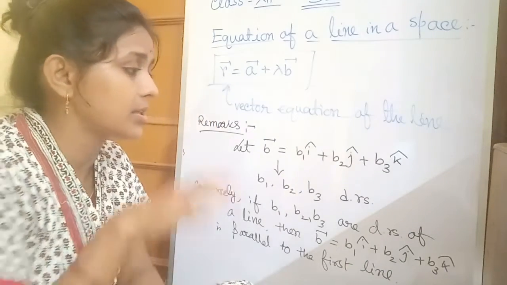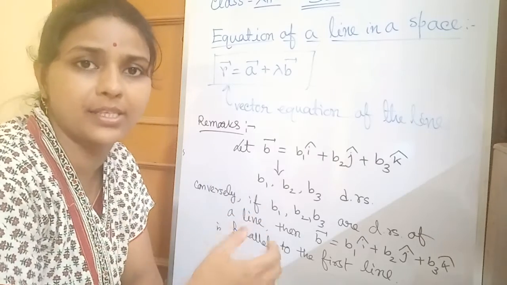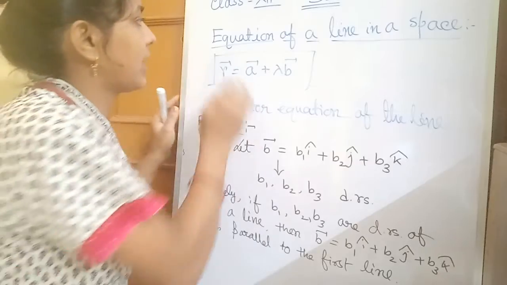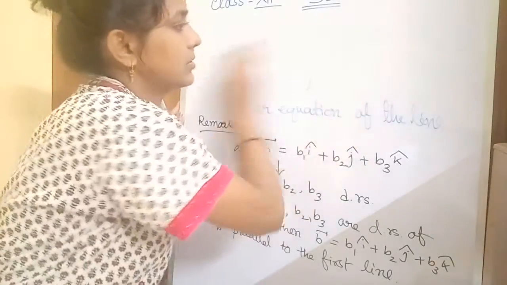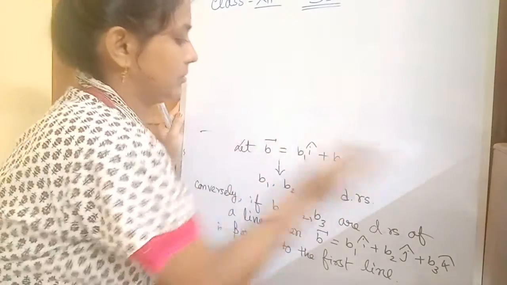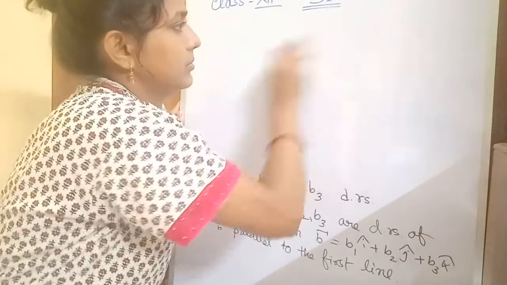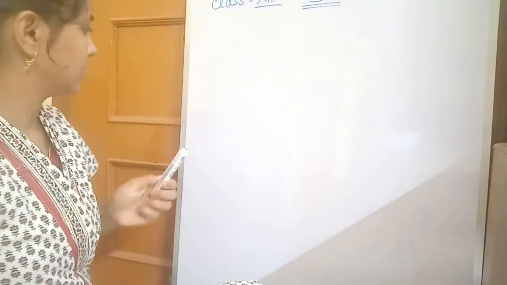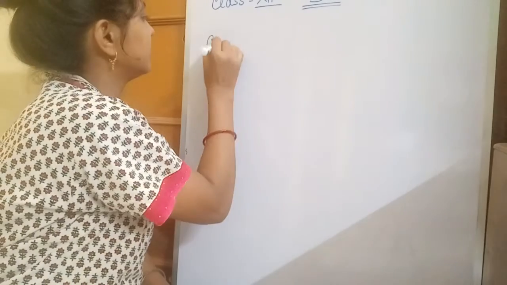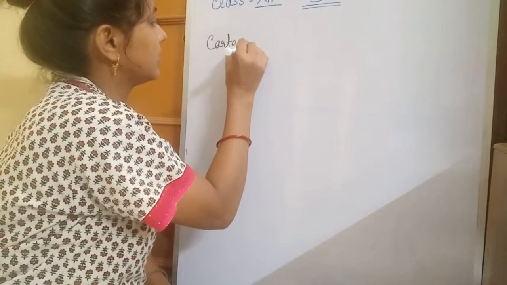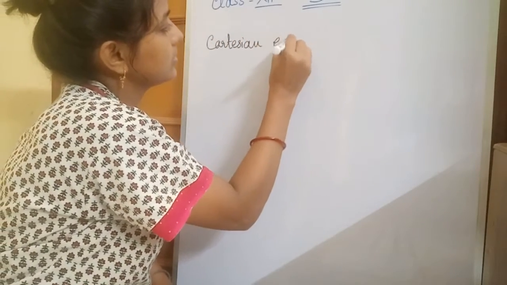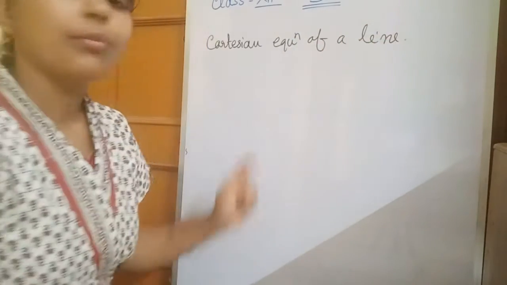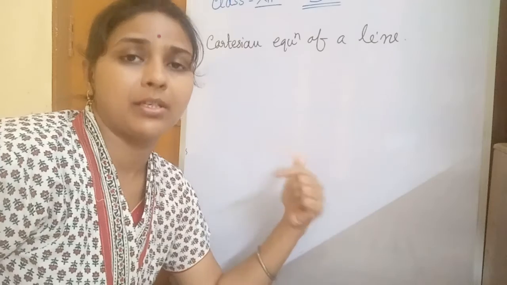Now we will use this remark for the next part, that means the Cartesian equation of a line. We will be deriving it from the vector equation.